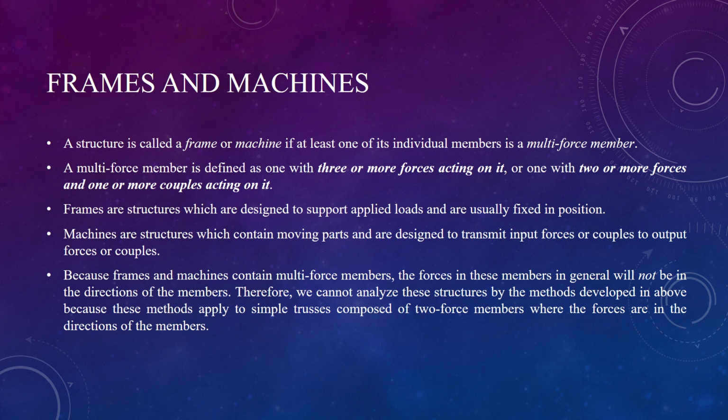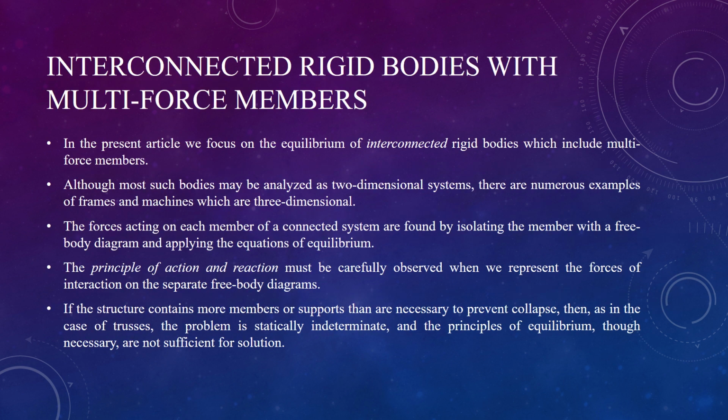like a two-force member. So we cannot directly analyze these structures by the methods developed previously, like the method of joints or method of sections. Those methods apply to simple truss components. So now we are going to talk about understanding interconnected rigid bodies. We discussed in the past chapters the equilibrium of multi-force bodies, where we concentrated on the equilibrium of a single rigid body.